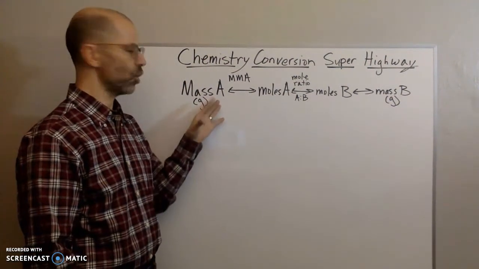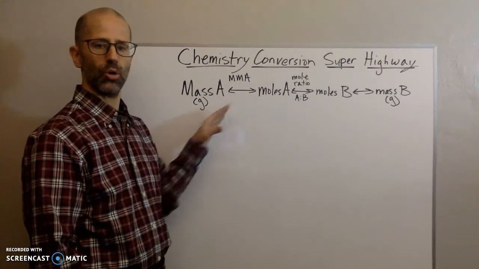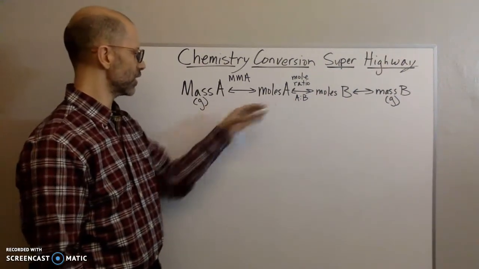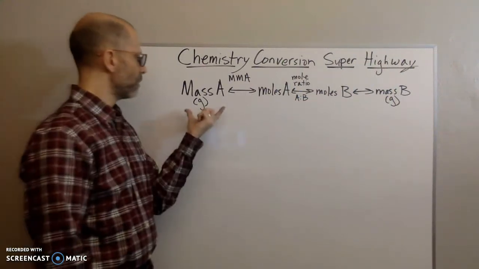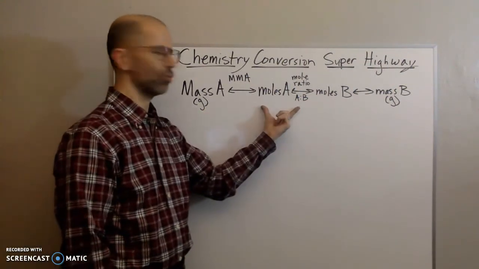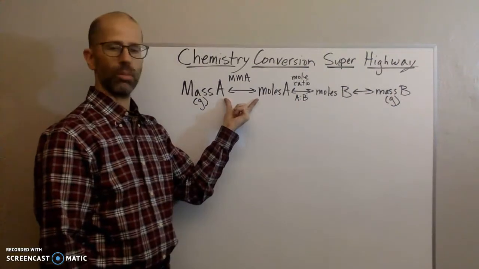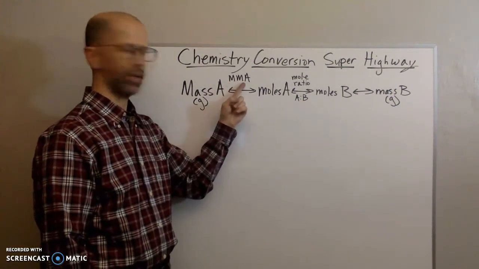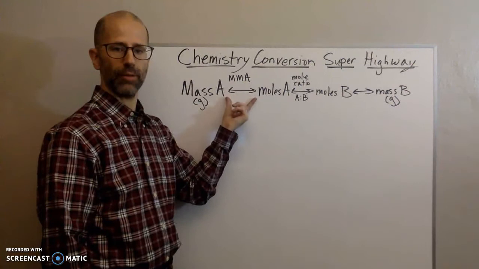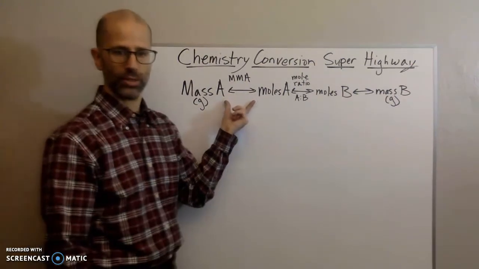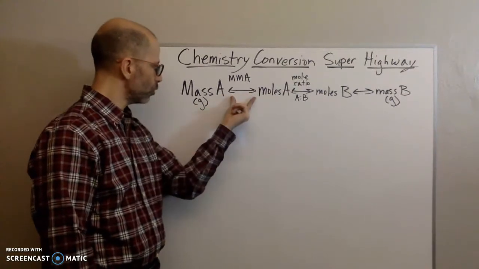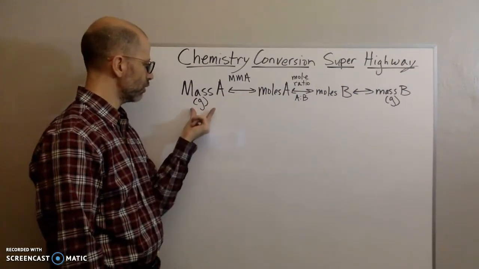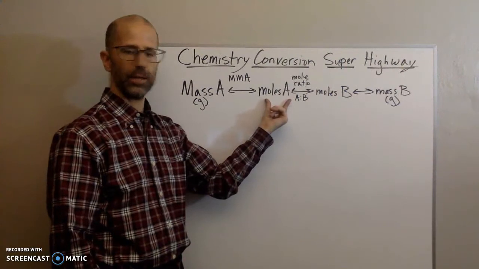And there are no detours here, so you've got to go in this direction. So if they give me a mass of A, then in order to go from mass of A to moles of A, I'm going to need to use the molar mass of A. So MMA stands for molar mass of A, not mixed martial arts. I'm using the molar mass of A to convert from grams to moles of A.